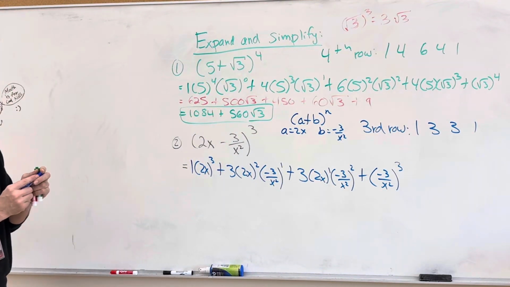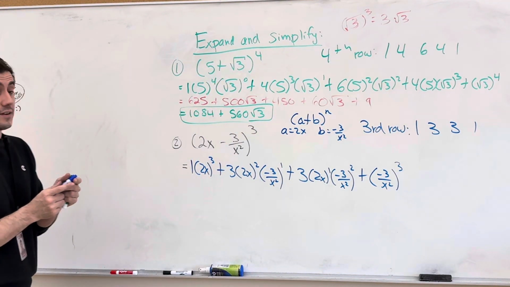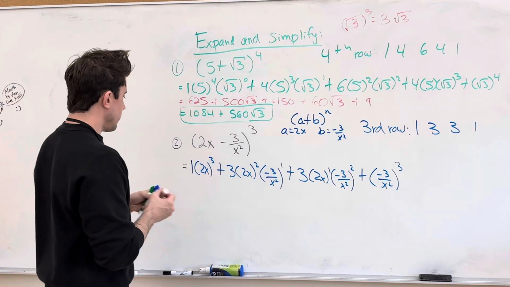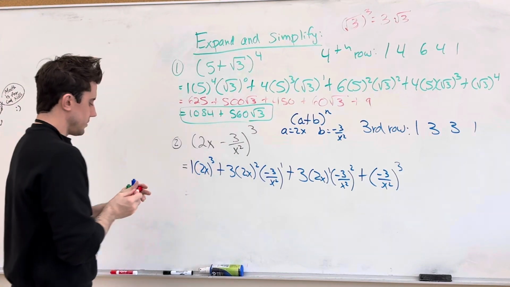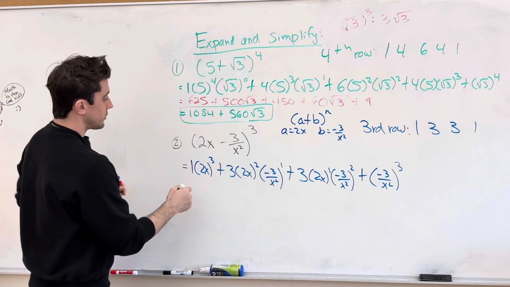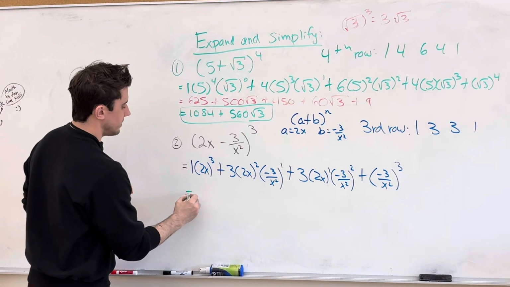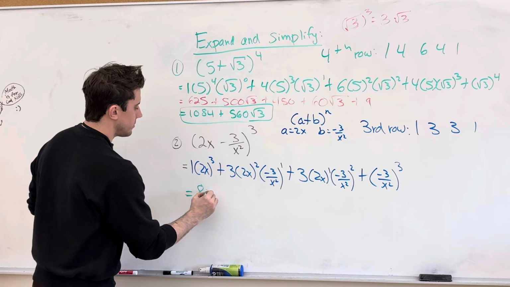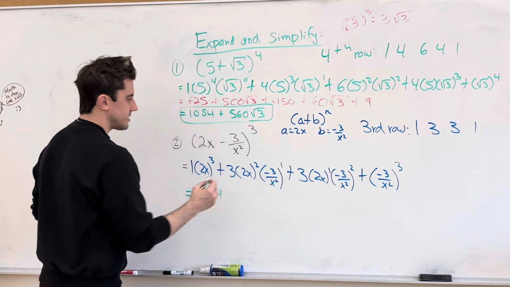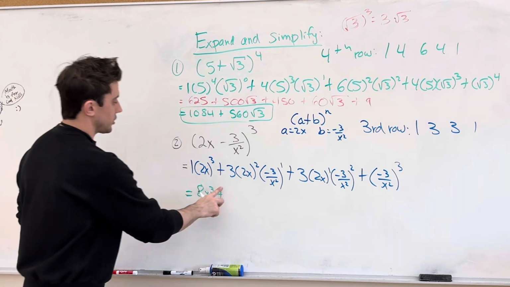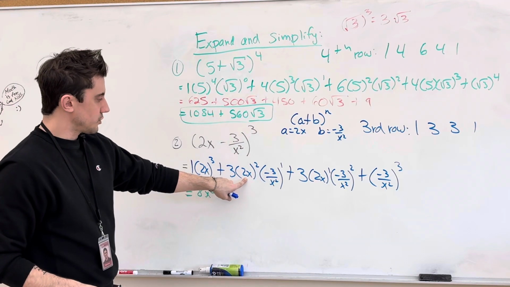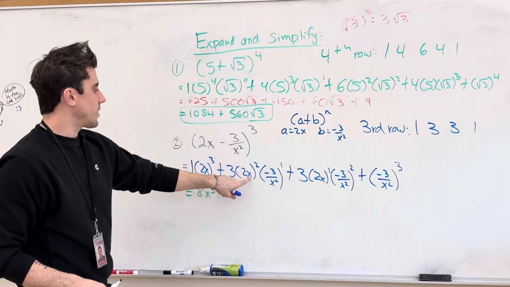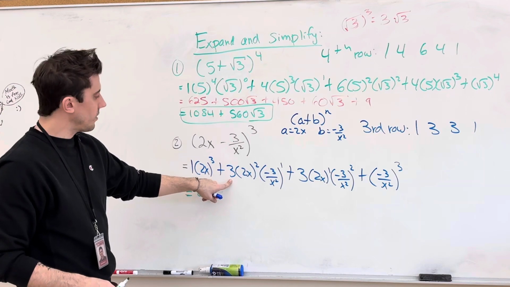And now let's expand everything and simplify. And so that will mean our first term, let's use the green marker. Our first term, 2x all cubed, is 8x cubed. Our second term, actually that'll be a minus because of the negative. 2x all squared is 4x squared. 4x squared times 3 is 12x squared.